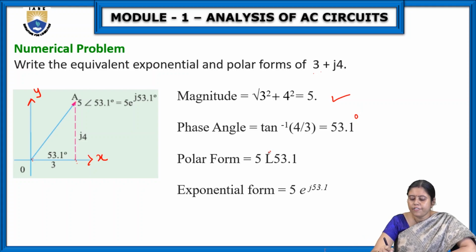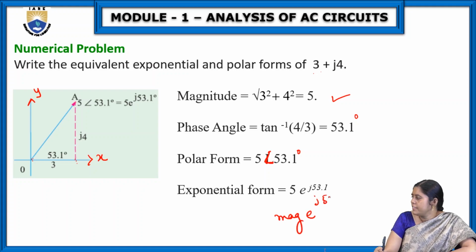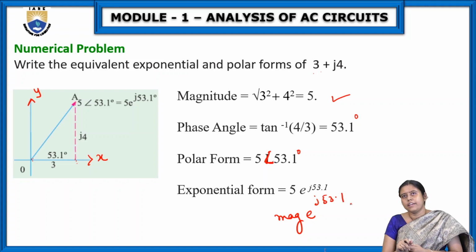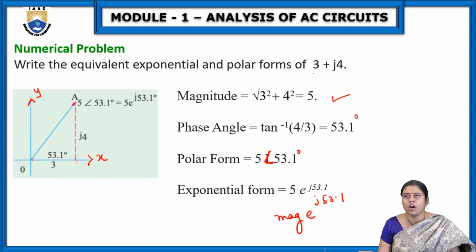In the polar form, we can write it as 5 at an angle 53.1 degree. In the exponential form, magnitude times exponential of j 53.1 degree. So this is the analysis of AC circuits.